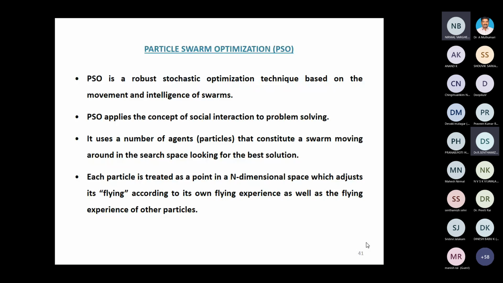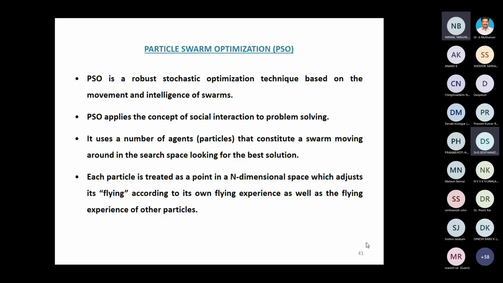They will automatically be simulated with the help of your simulation software, and with the help of the toolbox it will go internally, no problem. The important thing is how you frame the chromosome concept. That is what I implemented, that is what I selected as the chromosome. The same way here also, PSO.